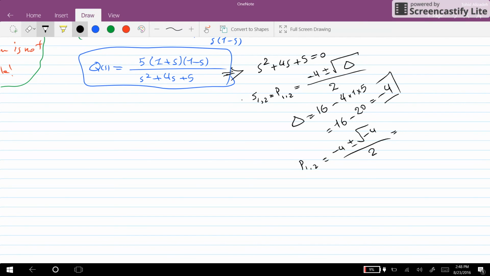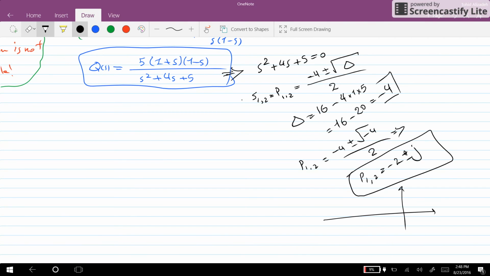And if you find out the roots, we will have minus 2 plus minus j. And here you can see that both of the poles are on the left hand side, so they are somewhere here, and our closed loop system is BIBO stable. We have a BIBO stable system.